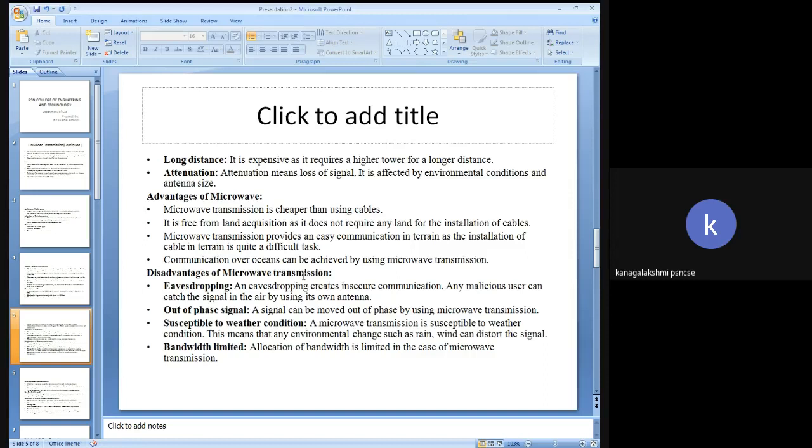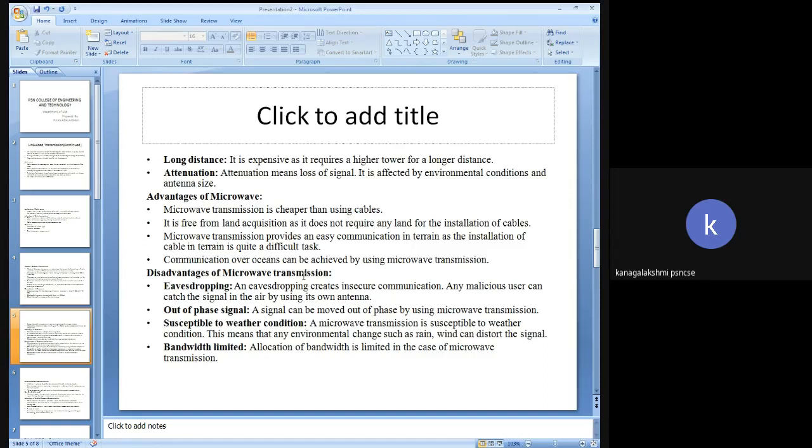So next, moving on to the advantages of microwave transmission. Compared with wired communication, it is cheaper. It is a wireless transmission, so there is no need for land acquisition.